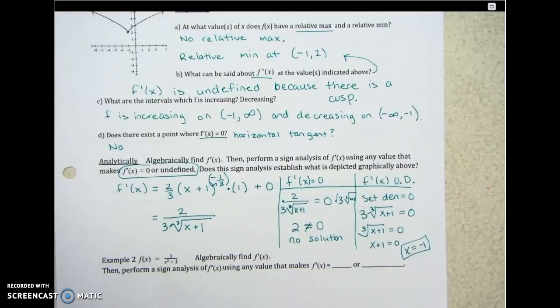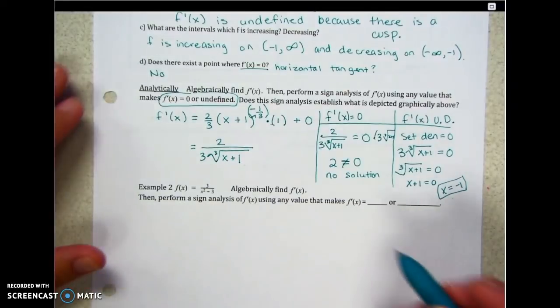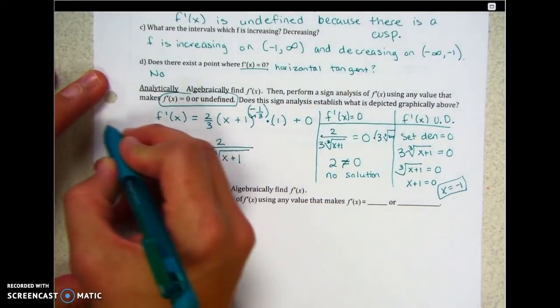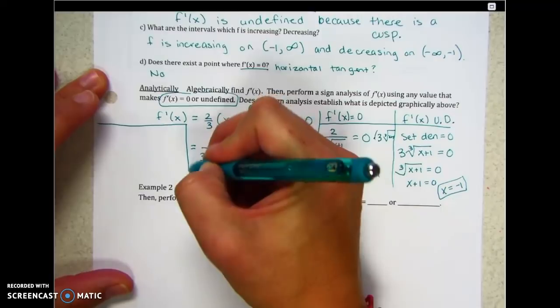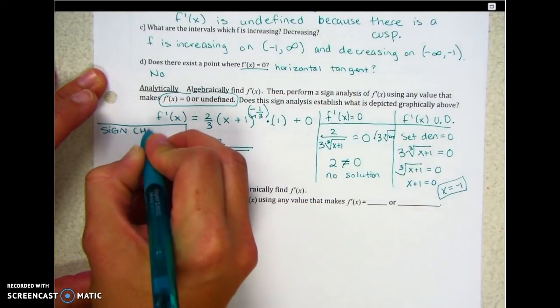And does the sign analysis establish what is depicted graphically above? I would like to just say yes and move on, but we're going to answer this. Okay, ready? Sign chart.